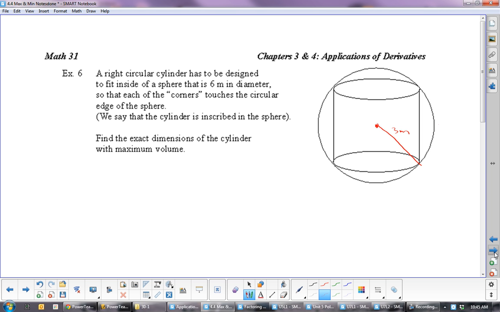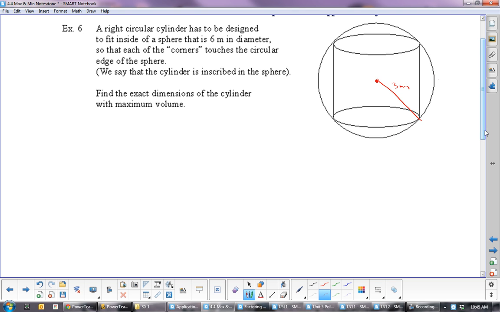Now we want to maximize that cylinder. So what is our formula? Area of the base times height. Right? So volume equals, let's just do this main formula, area of the base times height. Volume equals pi r squared times height.